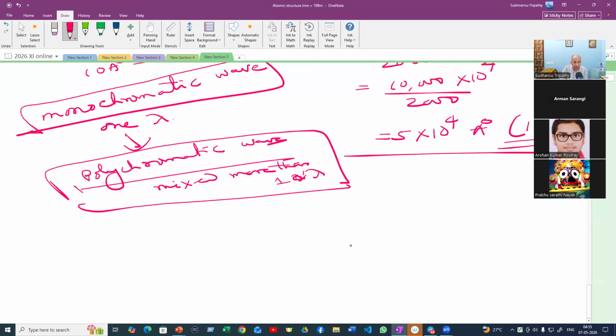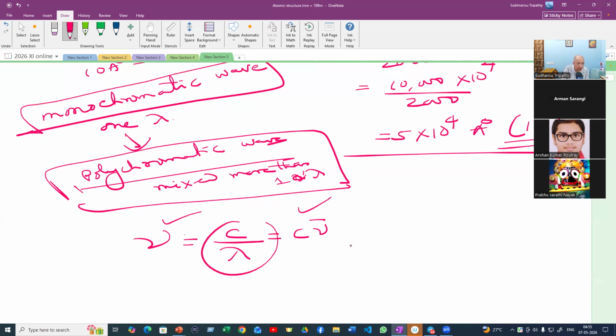And then immediately you can find nu. Either you can go for nu is equal to c by lambda or c nu bar. I always say, don't use this relationship. Sometimes students interchange them, and then it becomes entirely wrong. So go with the first principle, c by lambda.